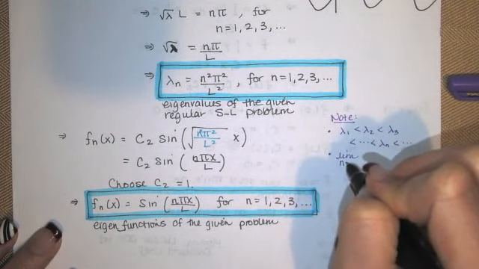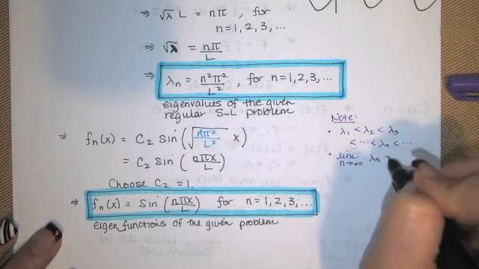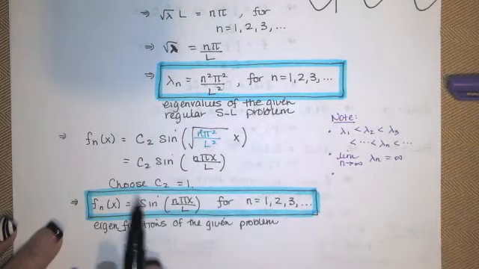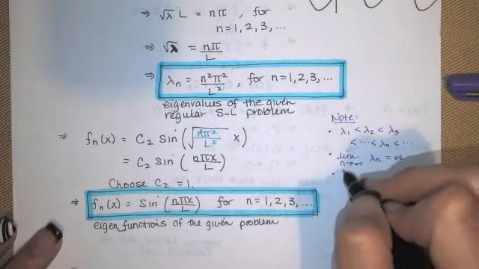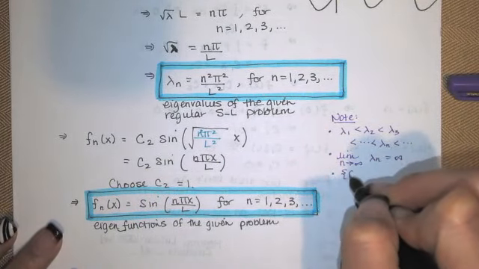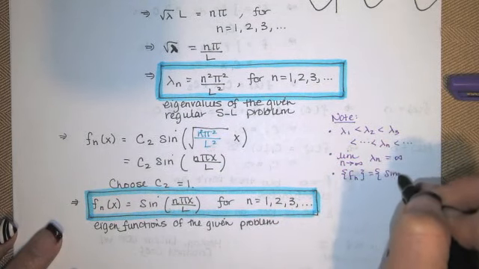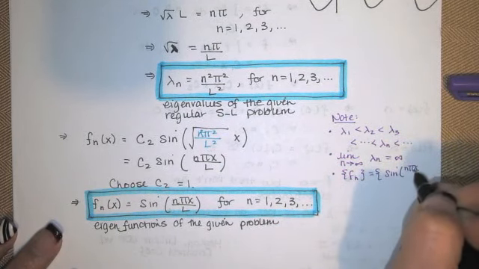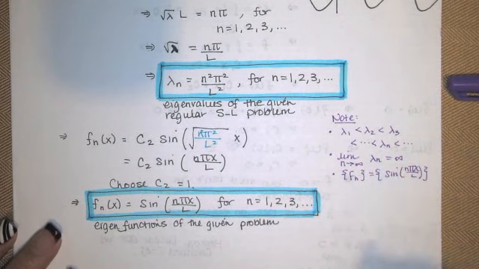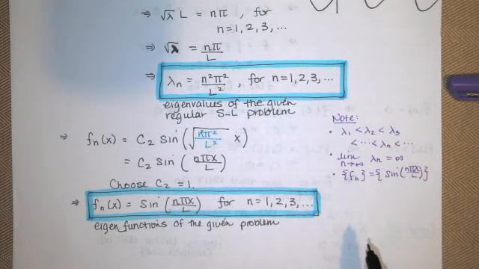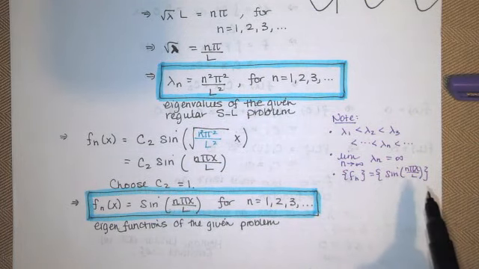And I want you to notice this as well. And what else? Each of those eigenvalues corresponds to an eigenfunction. So I've got a set of eigenfunctions that looks like this. Now we're guaranteed by theorem 3.8 that those form an orthogonal set. So that means they're pairwise orthogonal.